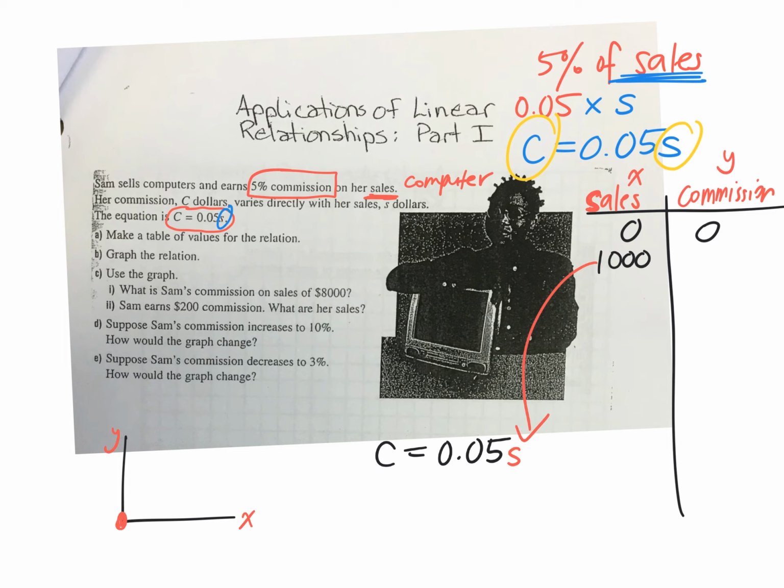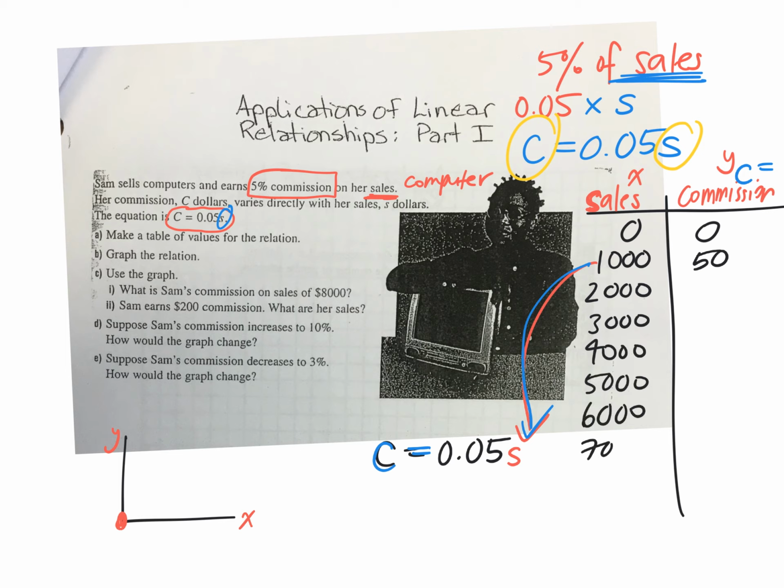So I want to know what the commission is equal to if she sells $1,000. So what's 0.05 times 1,000? 50, good. In the table, we're going to fill in the rest. I want you to calculate all the way up to 8,000, okay?